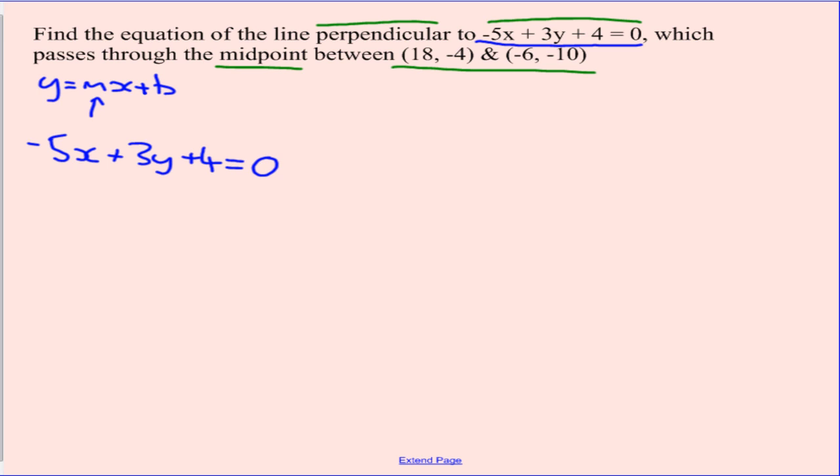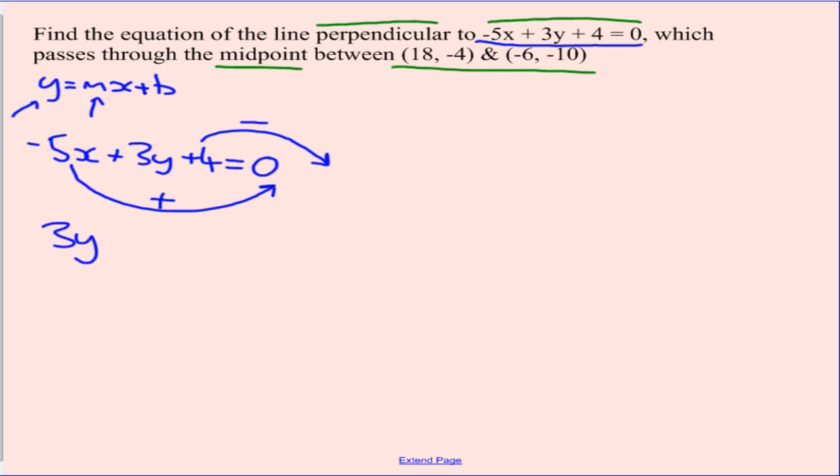Now, having a look at our equation up the top here of gradient intercept, our y is positive, and we have a positive 3y, so what we're going to do is move everything else onto the other side of the equal sign. So we have a minus 5x, so we're going to move that over by adding it, and we have a plus 4, so we're going to move that over by taking it away.